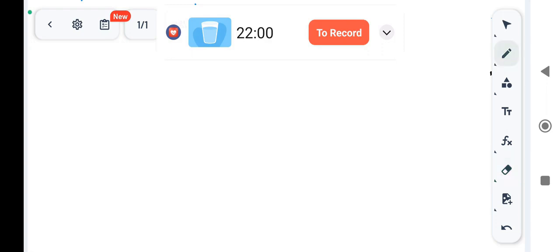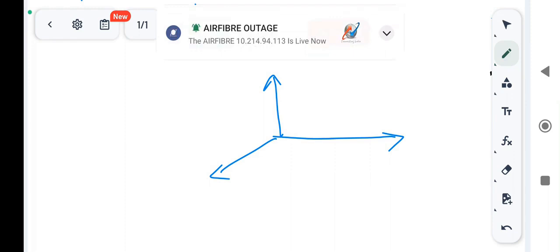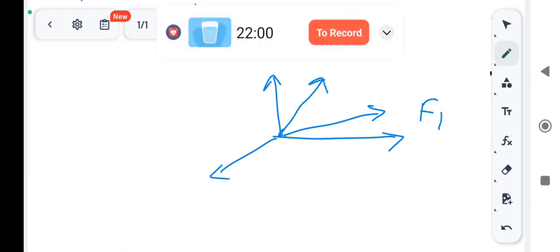Suppose this is the x, y, and z direction. Suppose there are three forces: one is F1, F2, and another along the z direction, F3.